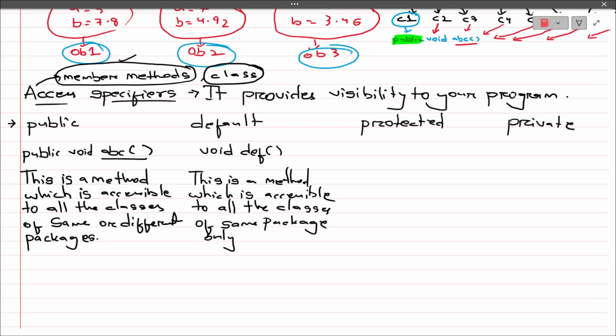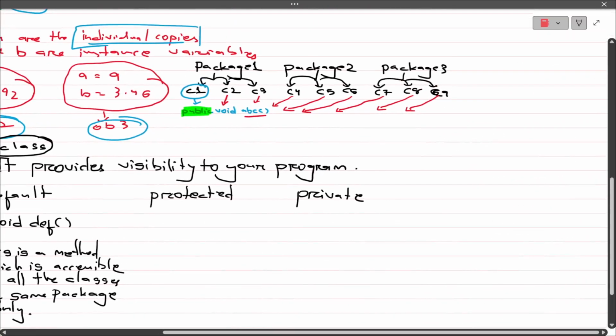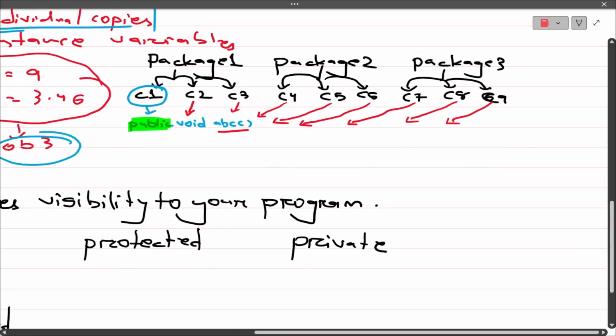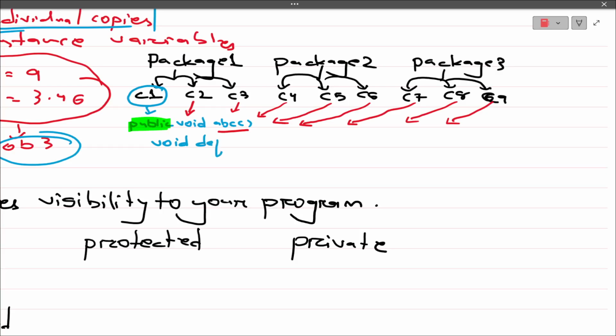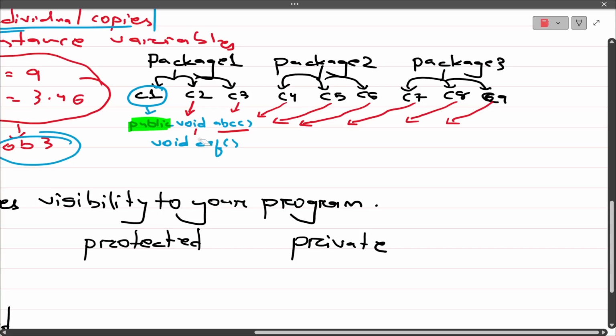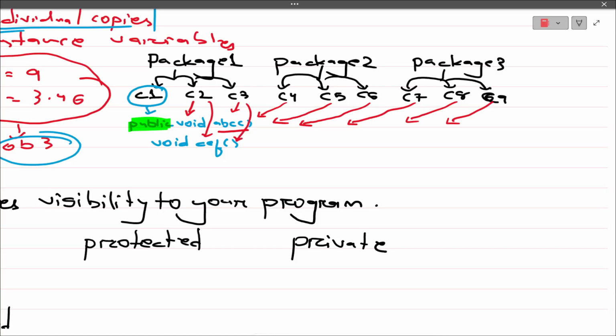What does this mean? This means that if I write a method that is void def, as you can see, that means this def can be accessible only to the classes of the same package. That means C2 and C3 can only access this.